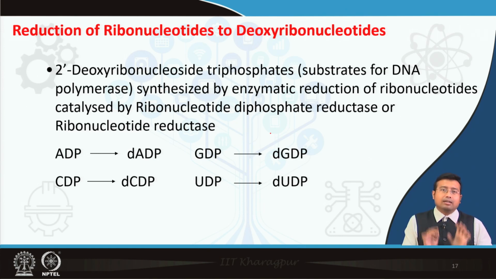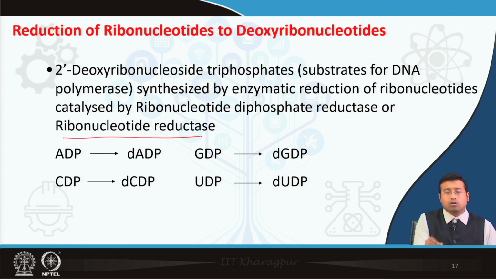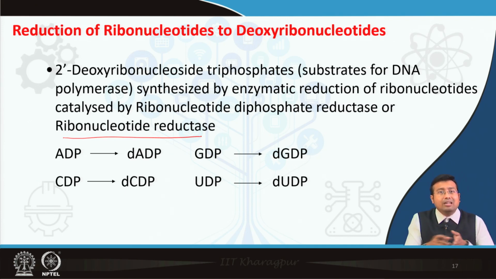A reduction reaction, it is done by the enzyme ribonucleotide diphosphate reductase. It is also simply referred to as ribonucleotide reductase. Mind it, nucleotides are reduced in diphosphate form only by this enzyme. So ADP is converted to deoxy ADP, CDP to deoxy CDP, GDP to deoxy GDP and UDP to dUDP, all right. This concept should be very clear.